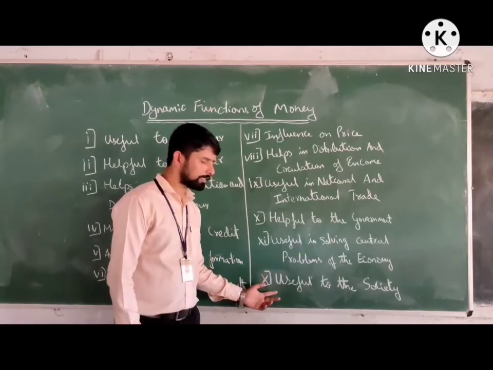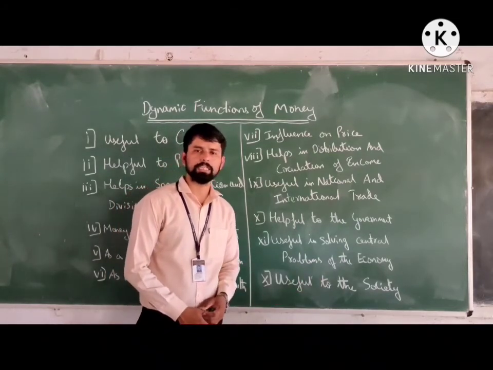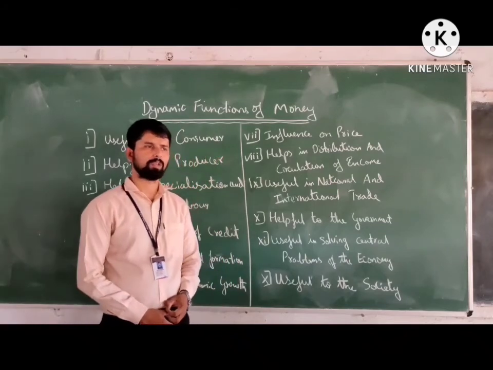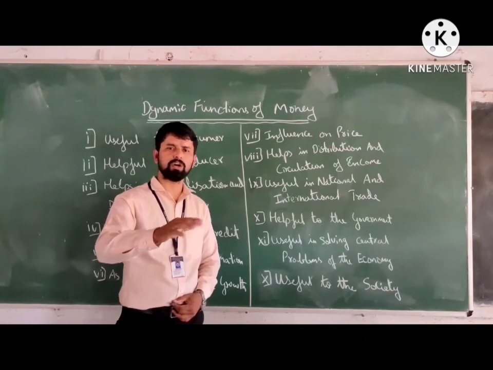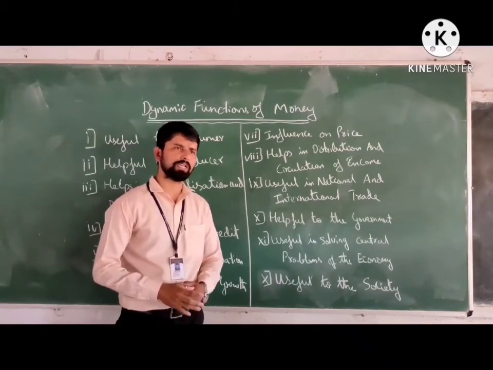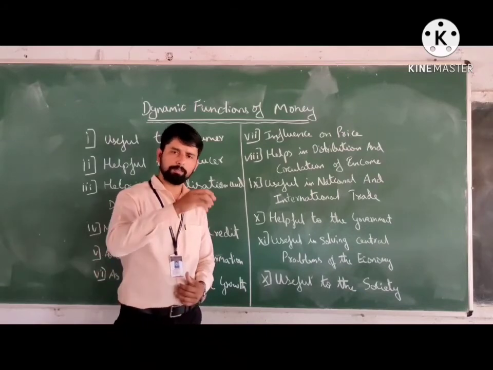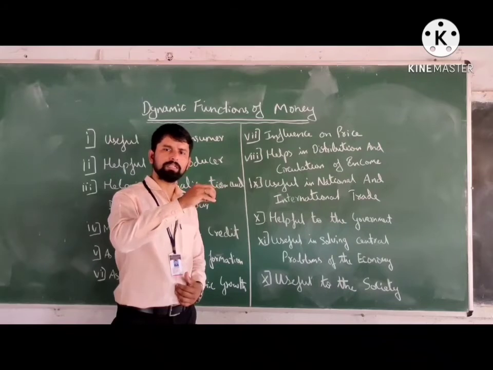And the last one, the 12th point, is that it is useful to the society. How is money useful to the society? At present, the transactions of every individual as well as the economy depend on the money level, right? Income level.